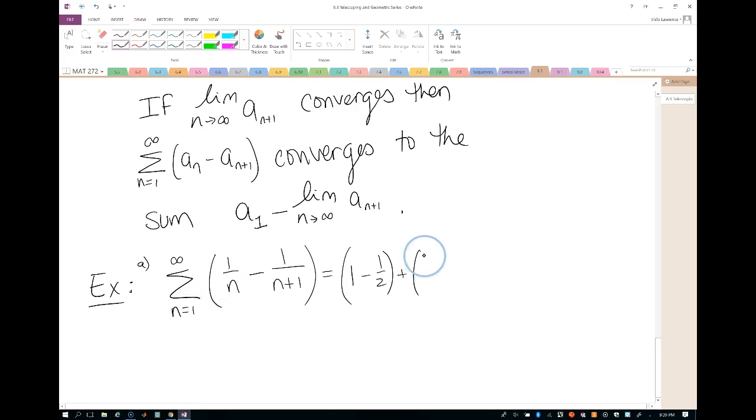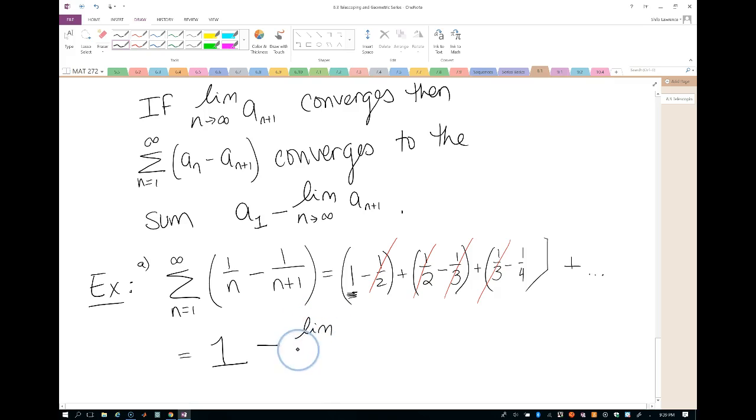Now if we plug in n equals 2, I get a half minus a third. If we plug in n equals 3, I get a third minus a fourth. And this just goes on forever. So those halves cancel because I've got one positive, one negative. Those thirds cancel because I have one positive, one negative. And really all we're left with is our very first term, and then we'll end up with a subtraction of the limit as n approaches infinity for 1 over n plus 1, which is the second piece.